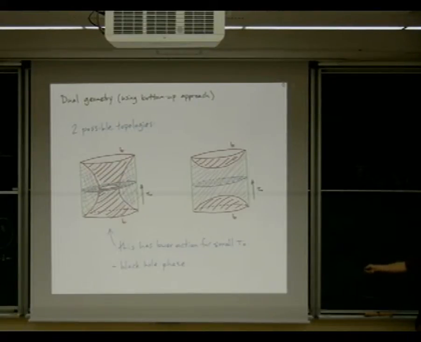This is the right picture if that cylinder is very short and fat. And this one will be relevant when tau 0 is larger. Because remember, when tau 0 goes to infinity, we should just get back pure ADS, and that's what we would get. Okay, so this is the picture to focus on.